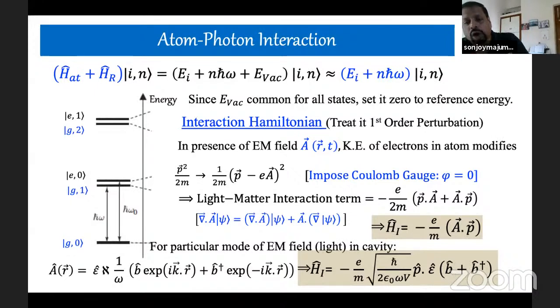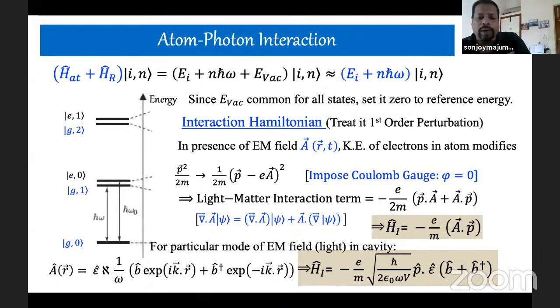That's all about our interaction Hamiltonian, which we want to use in the subsequent slides. So just pay attention. I would like to request you that this is the form of the Hamiltonian which we would like to use as a first order perturbation.